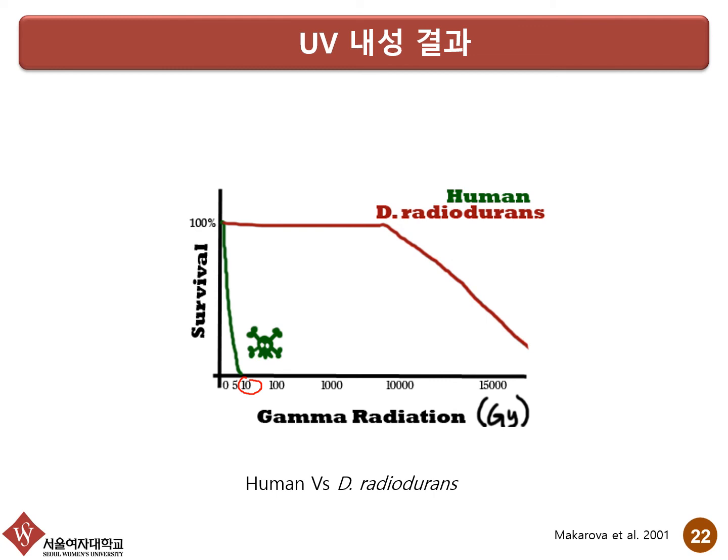But Deinococcus radiodurans can survive even more than 10,000 gray of radiation. So you can understand the difference, how much Deinococcus can resist the radiation.